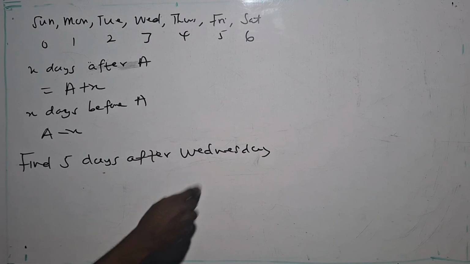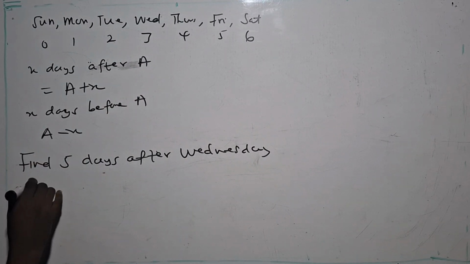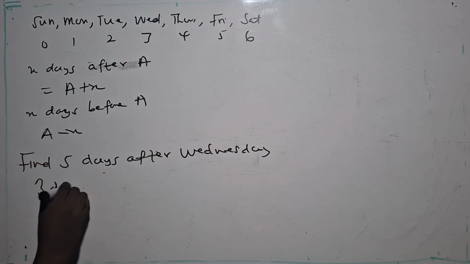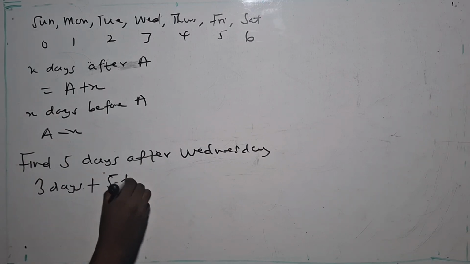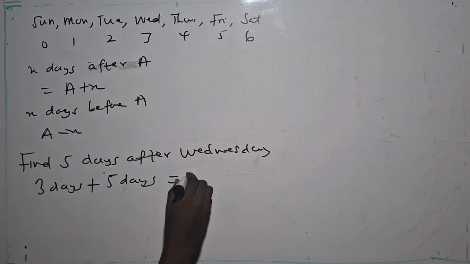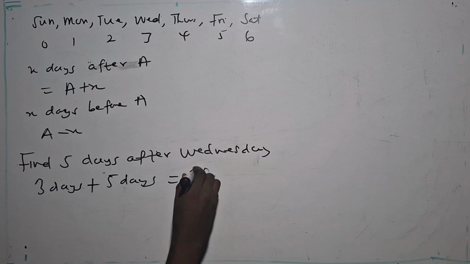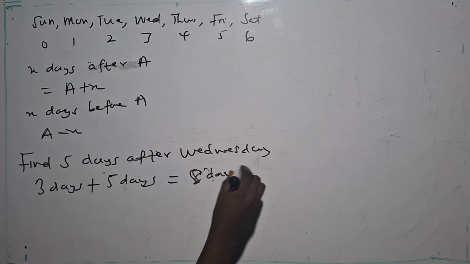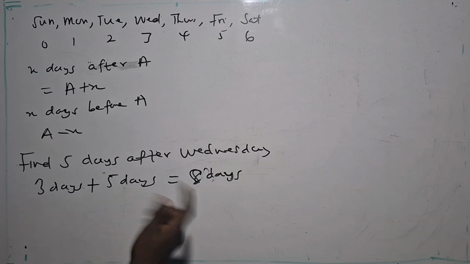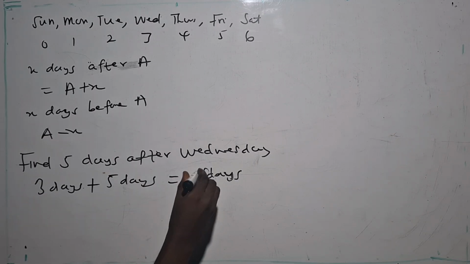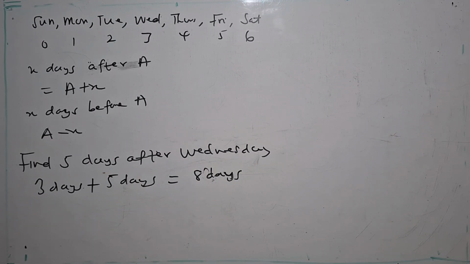So Wednesday, according to the days, we have 3. 3 plus 5 days is going to give us 8 days. But here our guide is 7. You can't get anything more than 7. So if that's the case, what do we do? We are going to have 8 minus 7, which is equal to 1.